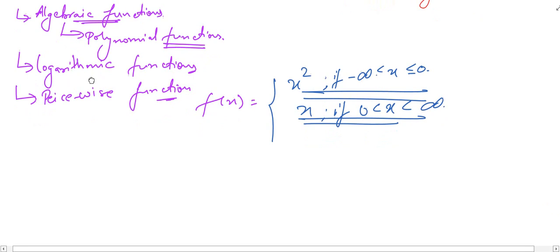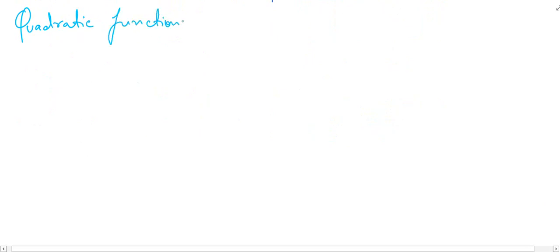Let's try to introduce the concept of quadratic. Quadratic in any level of mathematics means something which has some degree of 2, right?